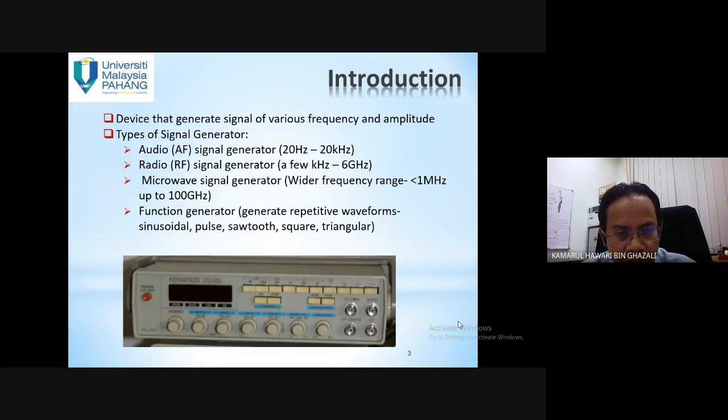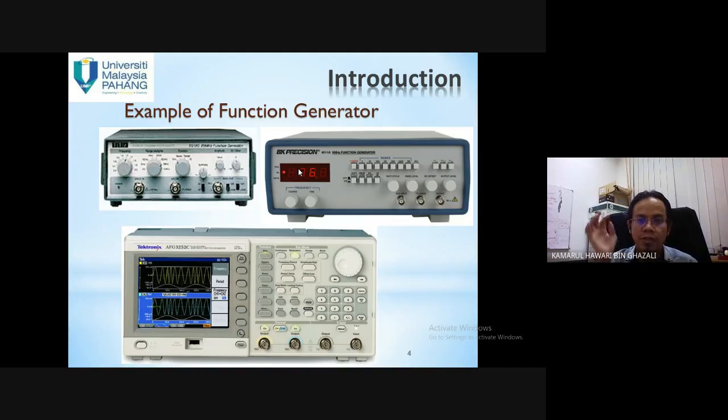Types of signal generator: audio, radio, microwave, function generator. Microwave is very high frequency, 1 megahertz to 100 gigahertz. So this is an example of a function generator, of the brand Tektronix and BK Precision.